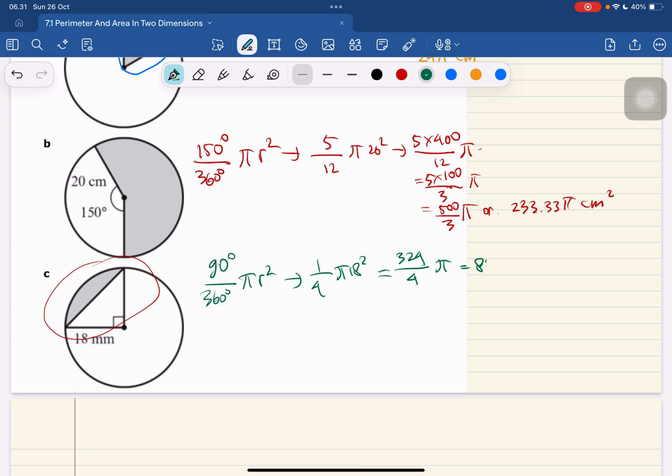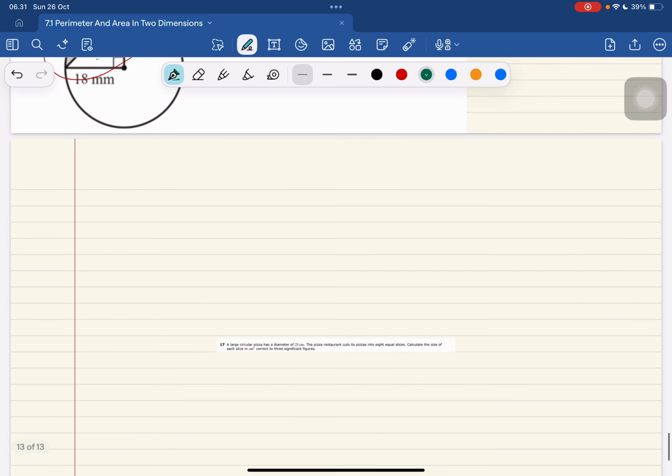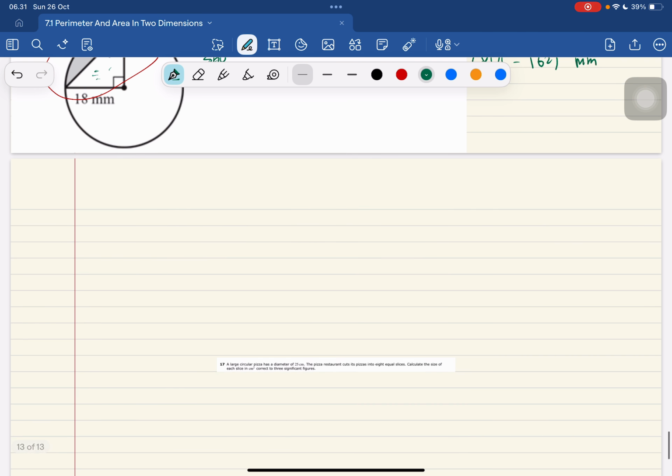So this is 81 pi. But we should subtract this triangle. It's 18 by 18. So minus 18 times 18, we divide it by 2. So the final answer is going to be 81 pi minus 162 millimeter squared.